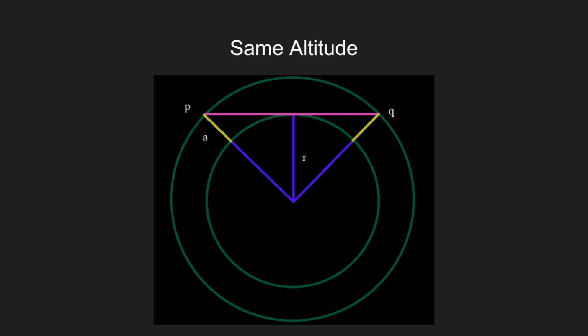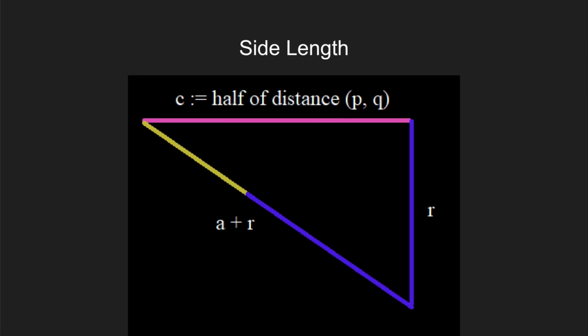It also has a side length of R plus A, and another side length of R plus A. Let's consider half of this triangle. So the one that has the side length of R, the side length of R plus A, and the side length of half the distance from P to Q. That's this triangle right here.